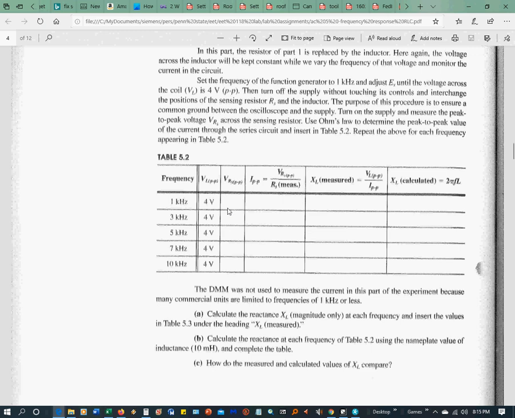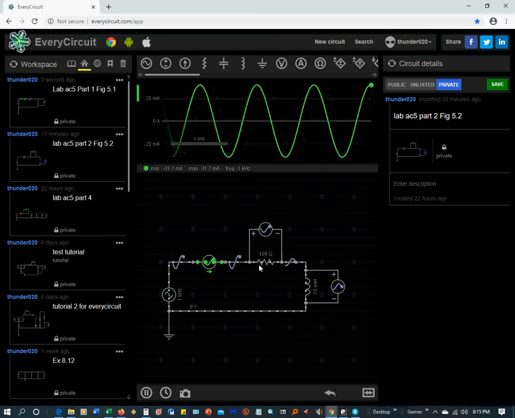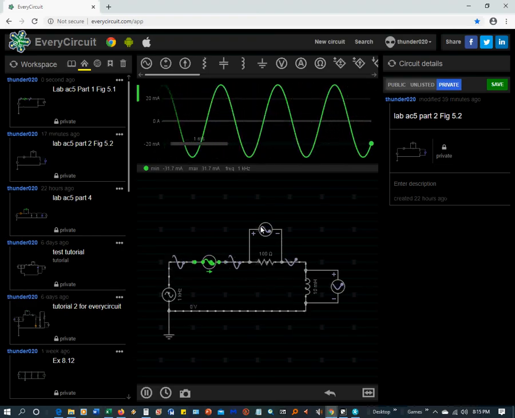So what you're going to do here is you set the voltage across the inductor to 4 like I showed you, and then you set these different frequencies, and then you're going to take the peak to peak voltage across the resistor, which would be this voltage here.